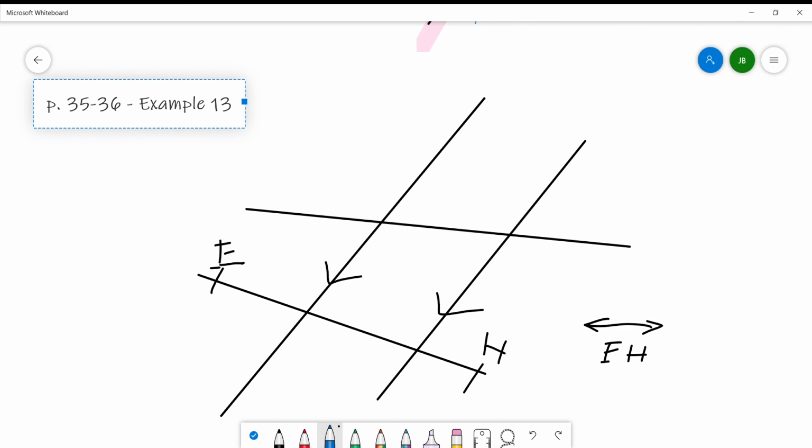Finally, letter C, alternate exterior angles. Since it's exterior, we're going to look here in the exterior, in the outside areas, on the outskirts of town, on the margins of society, on the wrong side of the tracks. Hey, kind of does look like railroad tracks.